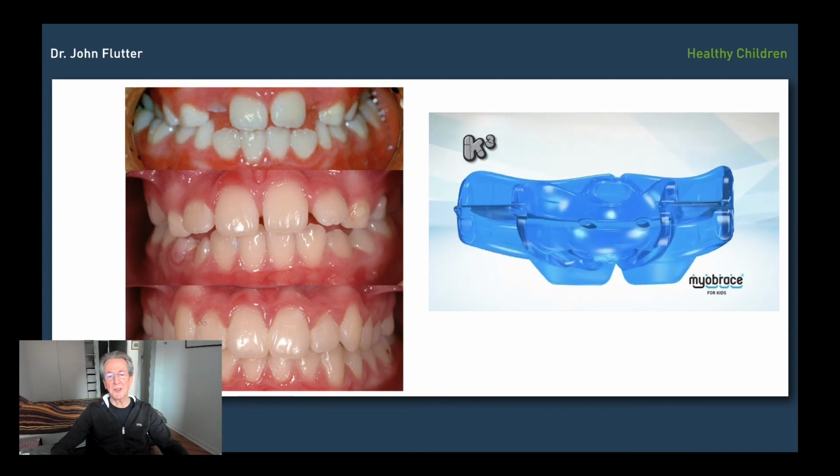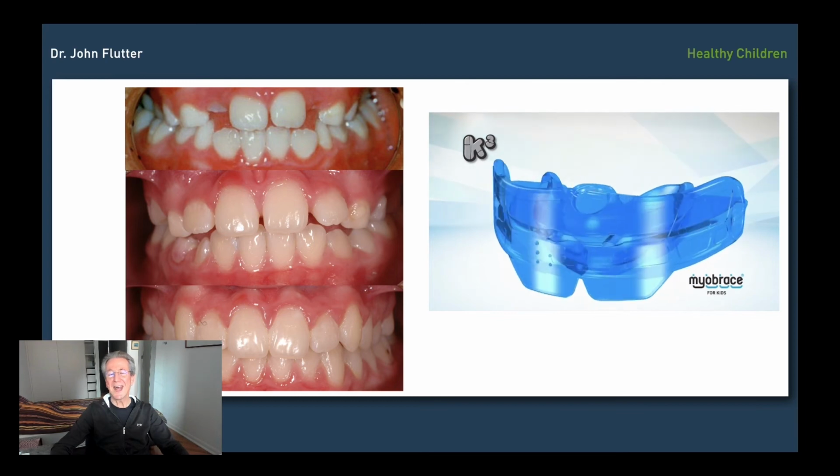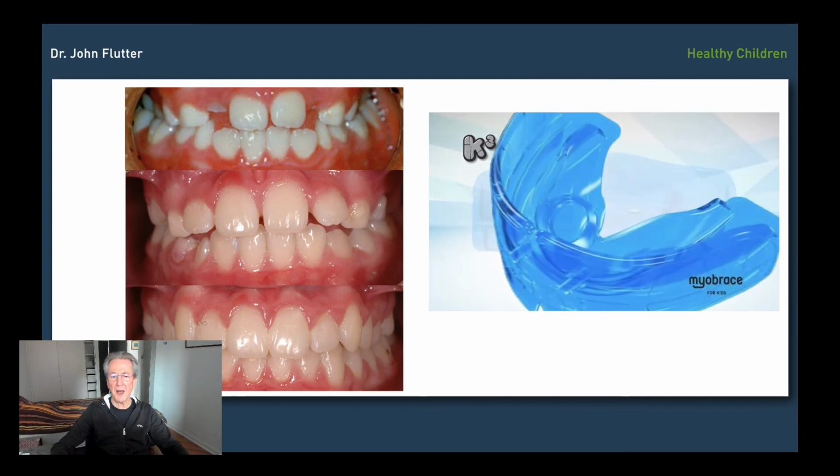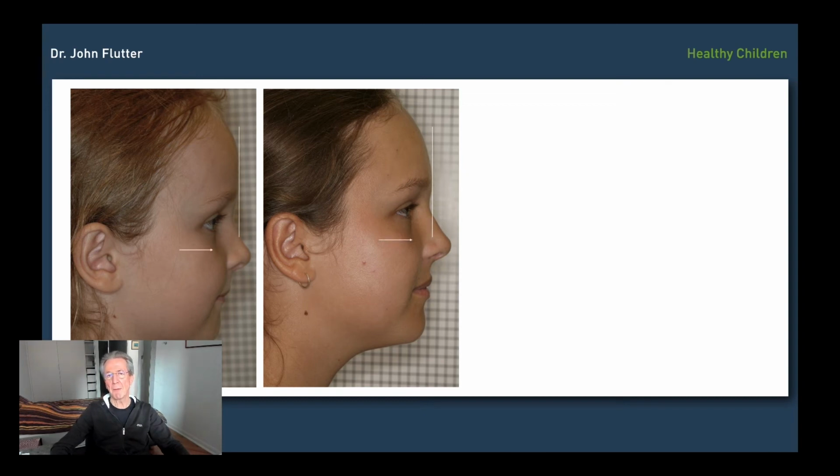And if the lips are together and the tongue is in the roof of the mouth, the upper arch form that has been developed with the BioBlock Stage 1 can be maintained with the tongue. But it requires training, it requires effort, it requires a commitment from the child and their family.